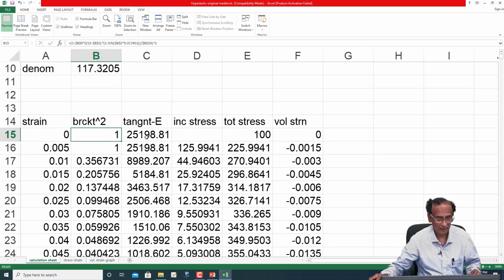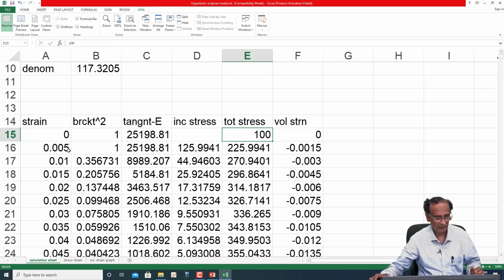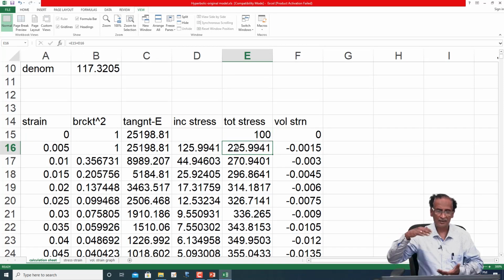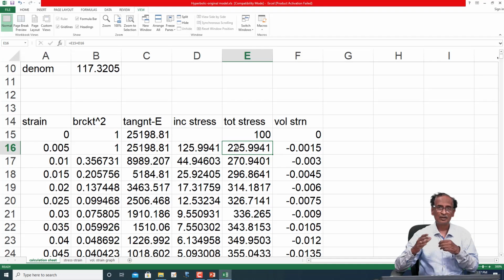Your tangent Young's modulus is only the initial modulus, and then our stress is 100. As you go on increasing the strain, your axial stress will increase. Axial stress is delta epsilon times E tangent.